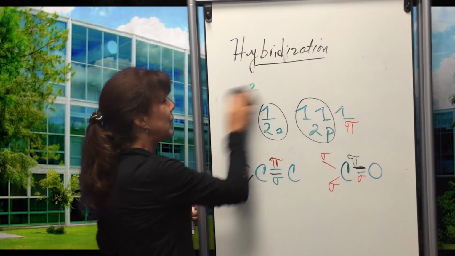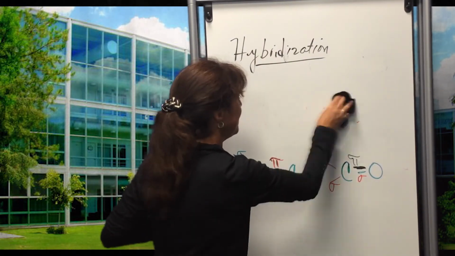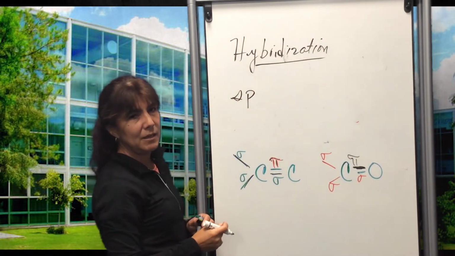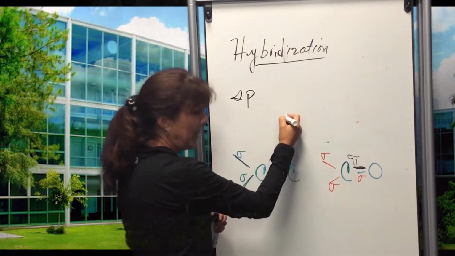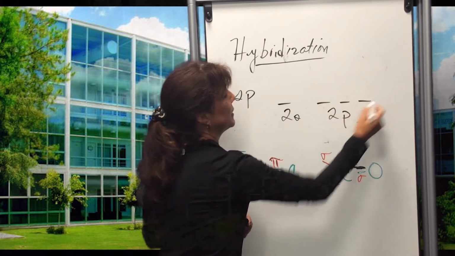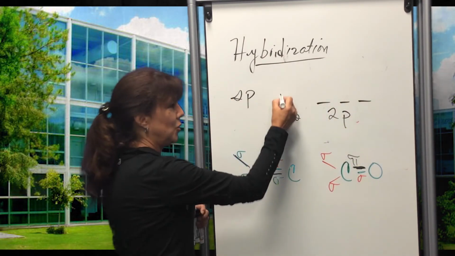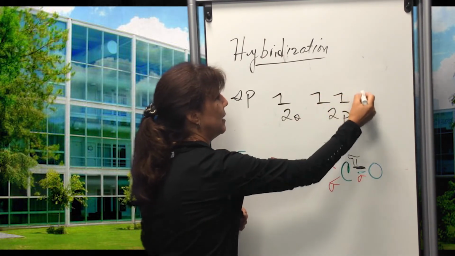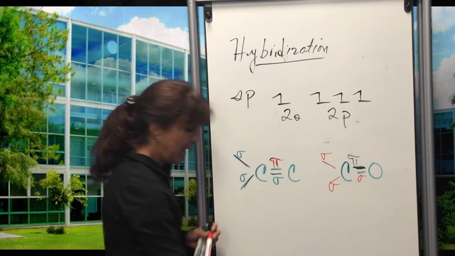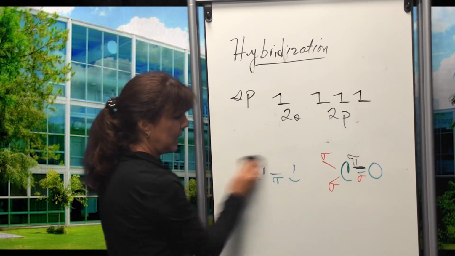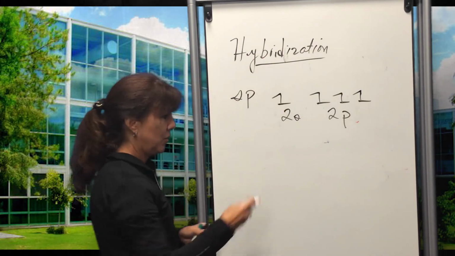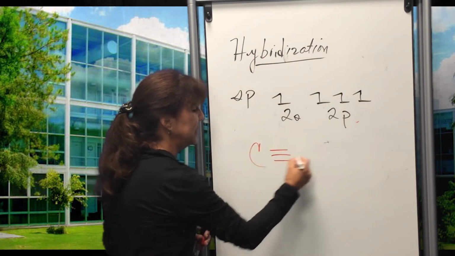Last, we have the sp hybridization model. Why sp? You should be able to tell by yourselves. You have the 2s, the 2p levels, sublevels on their orbitals. You have your 4 electrons. And how many hybrid orbitals are you going to be using in order to build the structure of an alkyne with its triple bond?